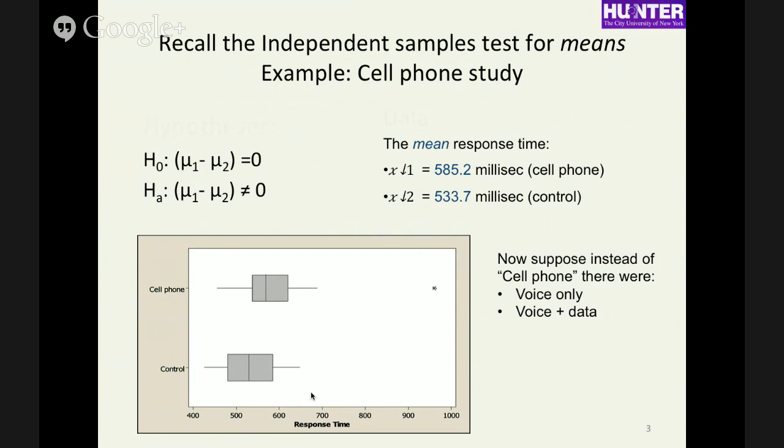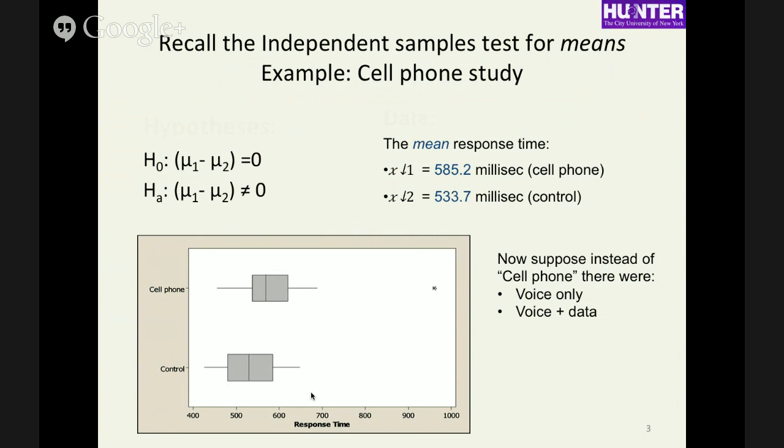Okay, so let's imagine another study where instead of just two groups, cell phone or no cell phone, this is a more modern study where one group has voice available, they talk on the phone, and the other one has voice and data, so they're receiving a stream of text messages along the way. And there are now potentially three different means.